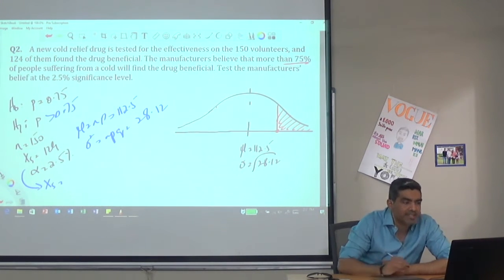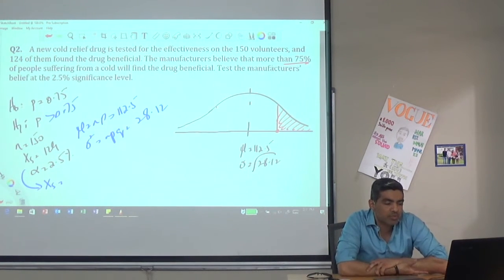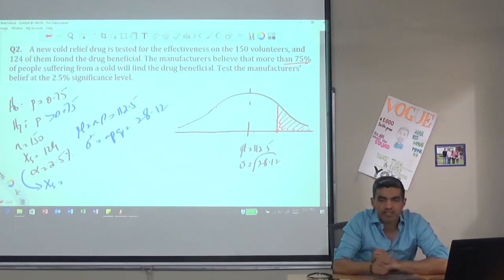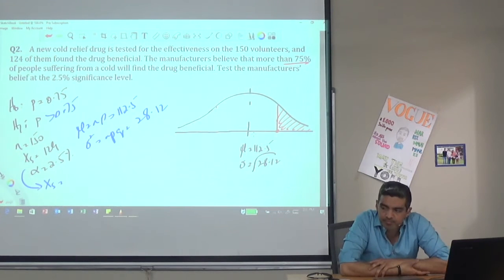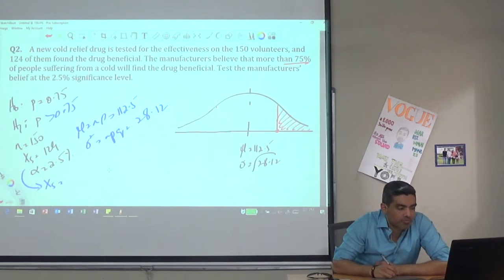This is what we are testing. Many believe it's 75%, so what is believed is 75. What you think is more than 75, that's what we are testing. And see, there are 124 patients out of 150. You are already falling on the right side. It's a right-tail test. That's what we are testing, whether it is more than 0.75.